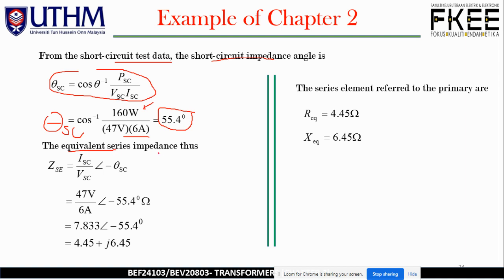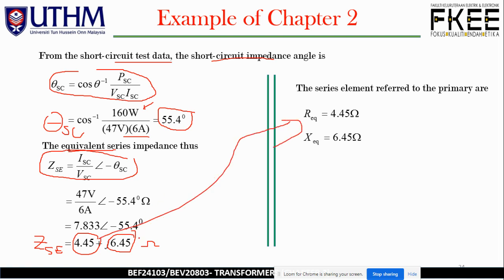So the equivalent series impedance ZSE equals VSC over ISC. This is the equation we have seen earlier, giving us the series impedance of 4.445 plus j6.45 ohm. And thus from here we just directly pick this value as REQ and this value as XEQ.